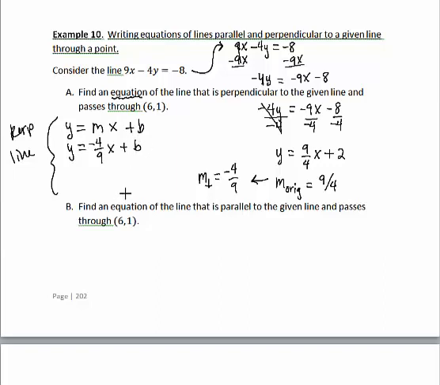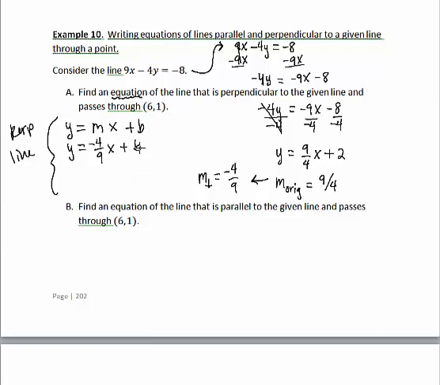We worked a problem like this earlier in the chapter. We don't have the y-intercept, the b, and the coordinates that we were given for this line do not contain x equals 0. So this isn't the y-intercept.